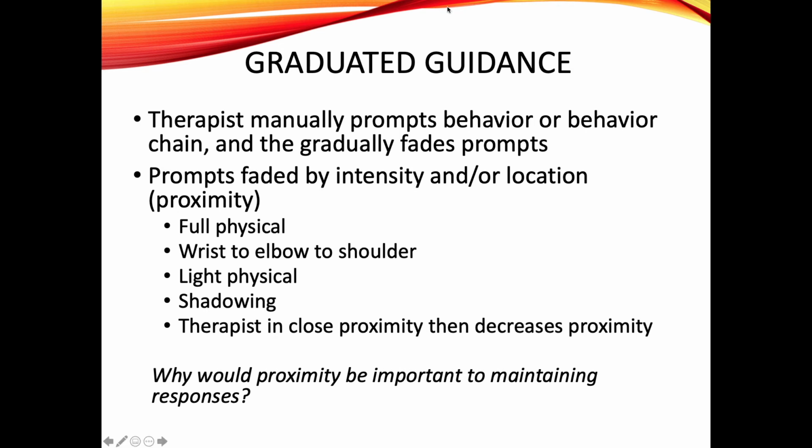So often you'll see descriptions of teaching individuals to use photographic schedules, or sometimes these schedules are on an iPad or an iPhone, that they're taught using graduated guidance. And this is, again, just sort of adding assistance where necessary, but being sure you have a process for fading out the guidance.